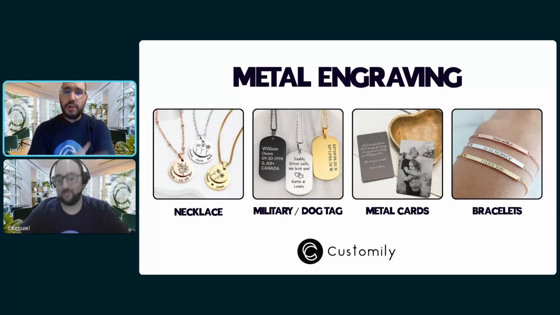And another example I saw is that, as you know, Customily has a feature to mirror a print file before actually rendering it, as when you're working with transfers and other kinds of printing.